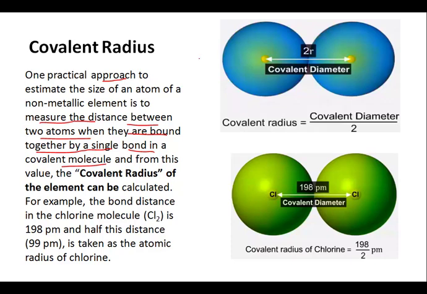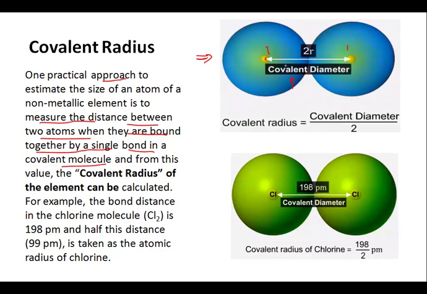For example, if we look at this picture, there are two atoms and these atoms are bonded by a covalent bond. The distance from the center of this atom to the center of the adjacent atom, bonded by a covalent bond, this internuclear distance is called the covalent diameter.